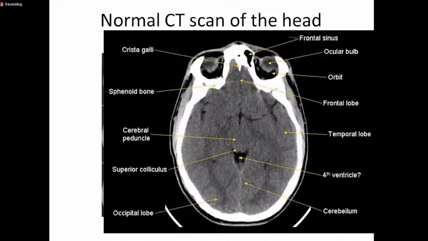I'm going to show you images just now. There are windows that depict brain tissue very well or soft tissues very well. So you need to window your images with the right window, and you're going to see a lot of stuff. So this is a brain window that is shown there. The bone detail here is not very clear. Change the window, then the bone stands out very clear.